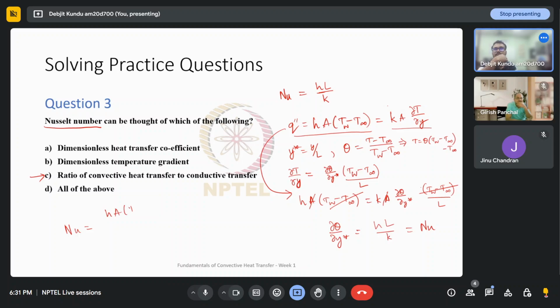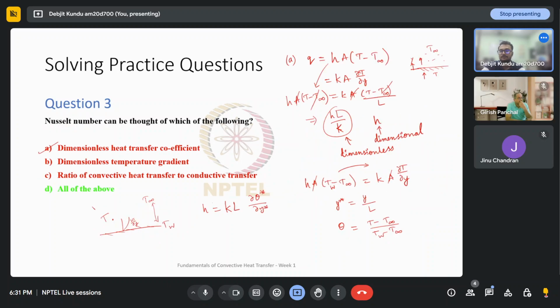So we will get the Nusselt number back once again. If I replace dou T with this temperature difference and y with L, and we take these out, we will again get back h into L by k. So it's option C as well. So the correct answer should be all of the above.